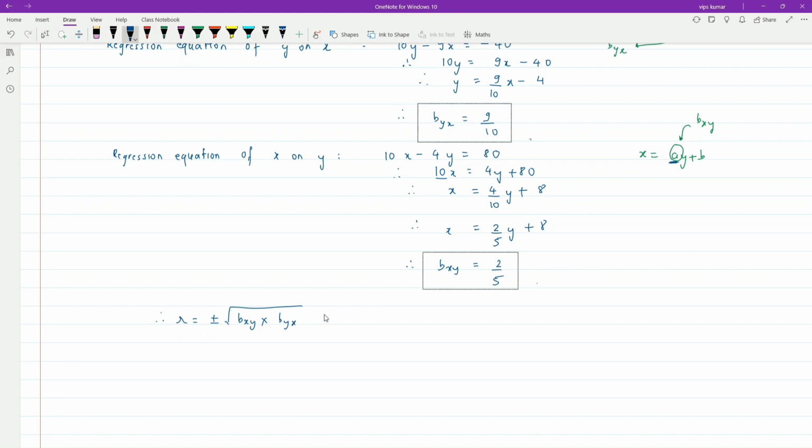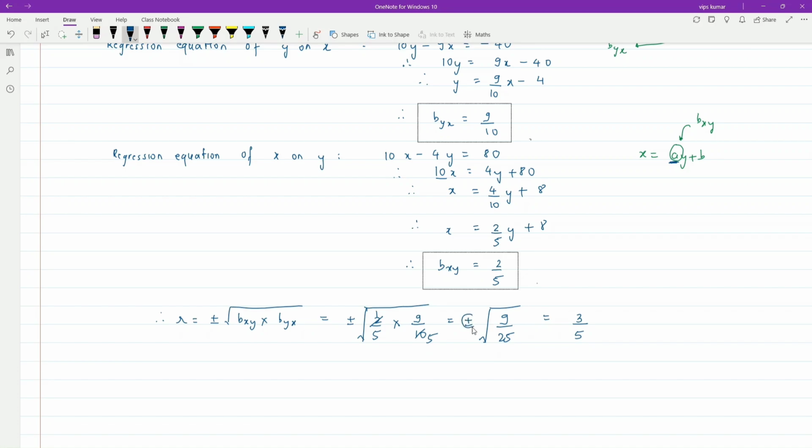So here we are going to have plus minus square root of bxy, which we have got as 2 over 5, multiplied by byx, which is 9 over 10. That is 9 over 25. You can cancel out this. Now, after taking the square root, we will be having 3 and 5 over here.